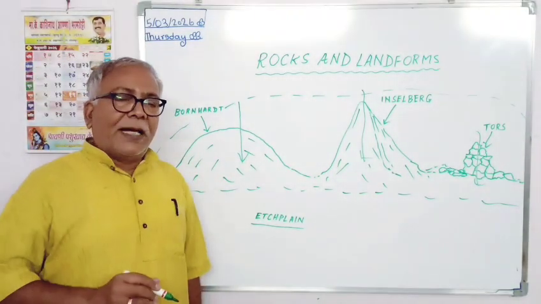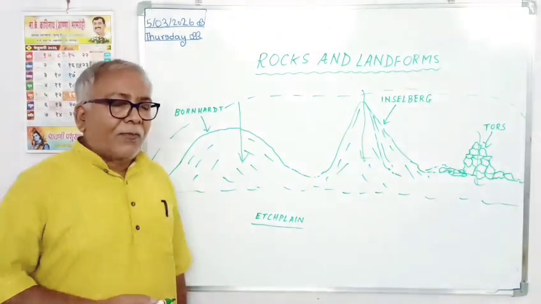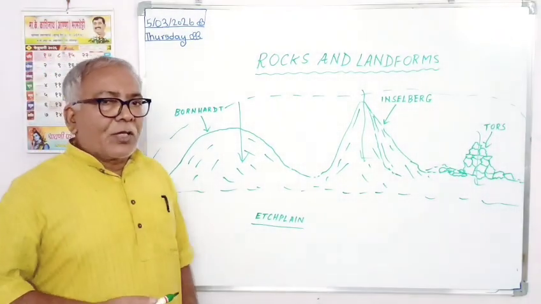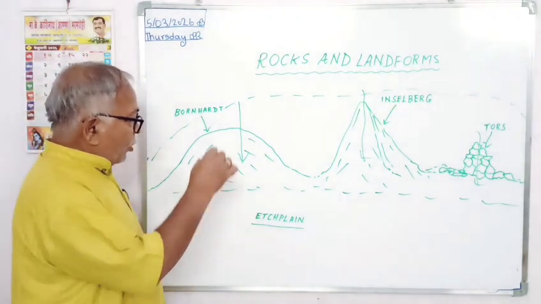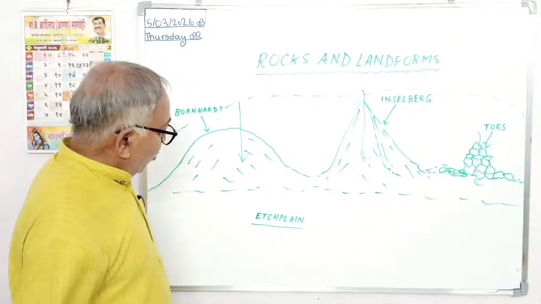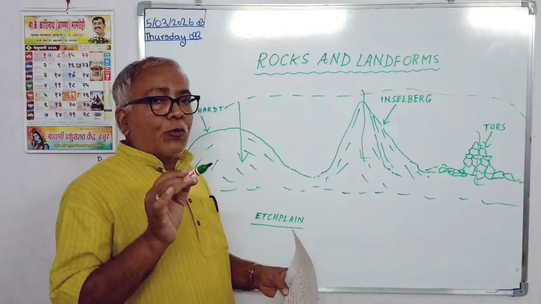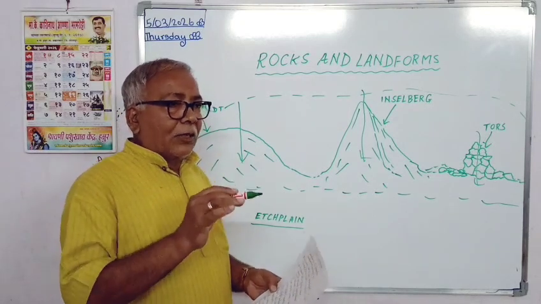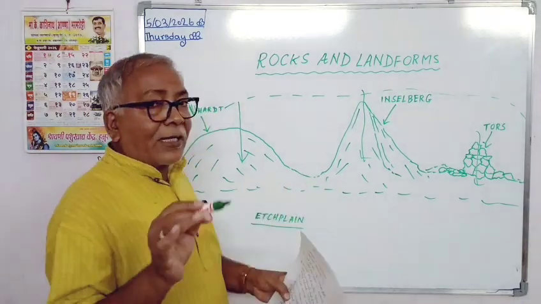Actually, these types of landforms are produced in arid or semi-arid environments, but in tropical hot and humid conditions similar landforms may also be produced because of the deep core weathering process. This is entirely known as etchplains. That is the new concept explored by Bude in 1982 in our country.